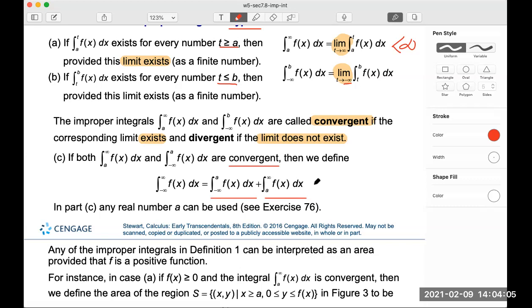If it does not converge, then we cannot write it this way. Because if one of these does not converge, for example this one, then it will go to infinity, and the sum will be somehow infinity, and we cannot compare these infinity terms. Okay, that's it.